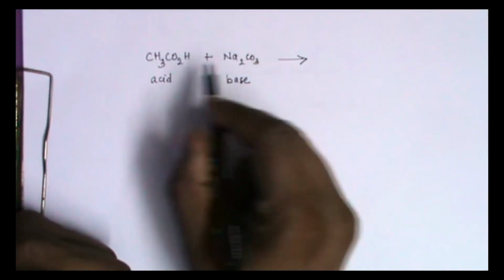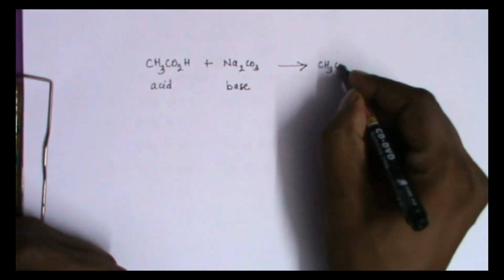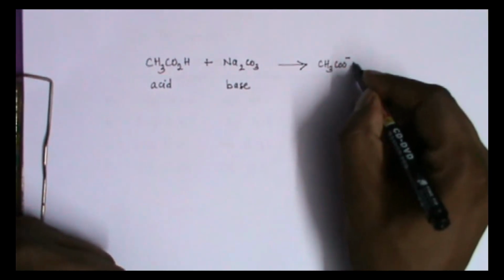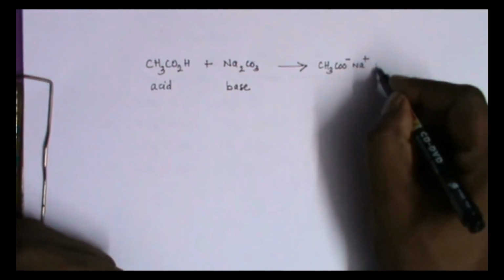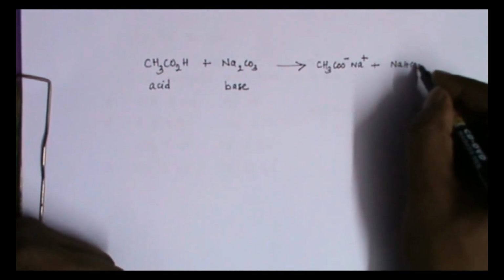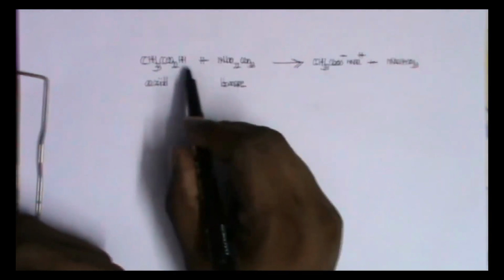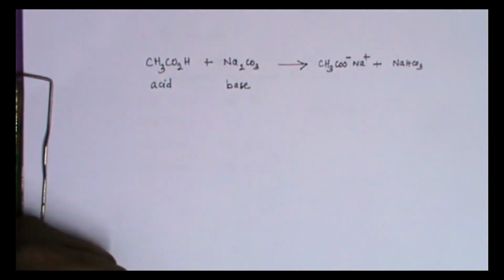Sodium carbonate will abstract the proton from acetic acid to give acetate ion. In fact, we get sodium acetate. Also, we get sodium bicarbonate. The base abstracts one proton, and after that we get sodium bicarbonate.